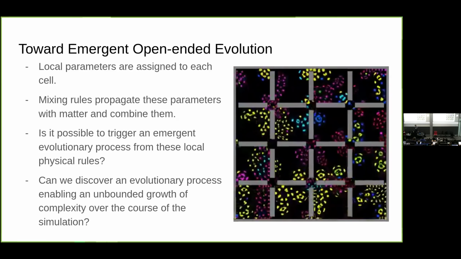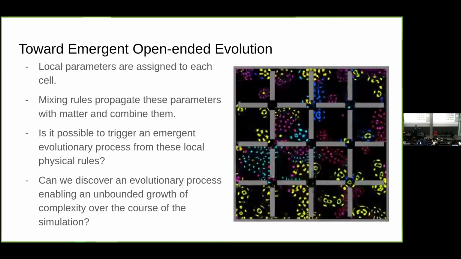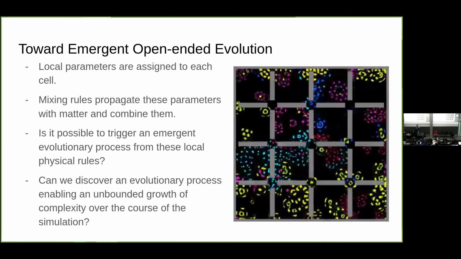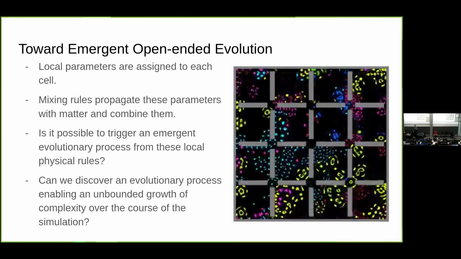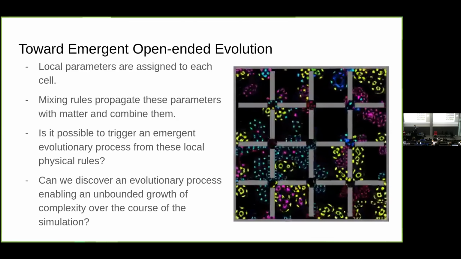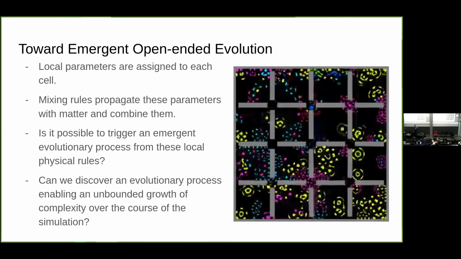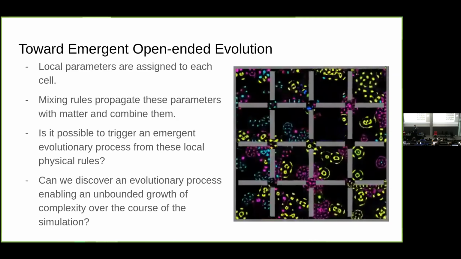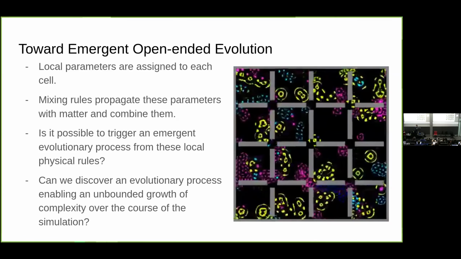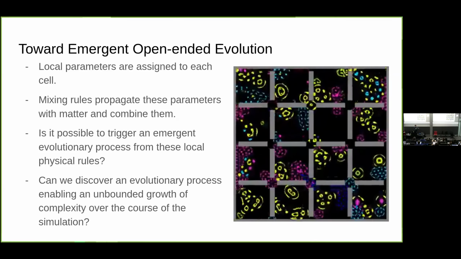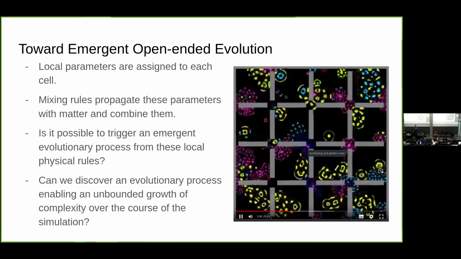The goal of this work is to create an evolutionary process with an unbounded growth of complexity over the course of a single simulation. It's not like in earlier Lenia works in which we make creatures evolve by creating new simulations with new rules for the updates, but it's inside a single run. We want an evolution process.